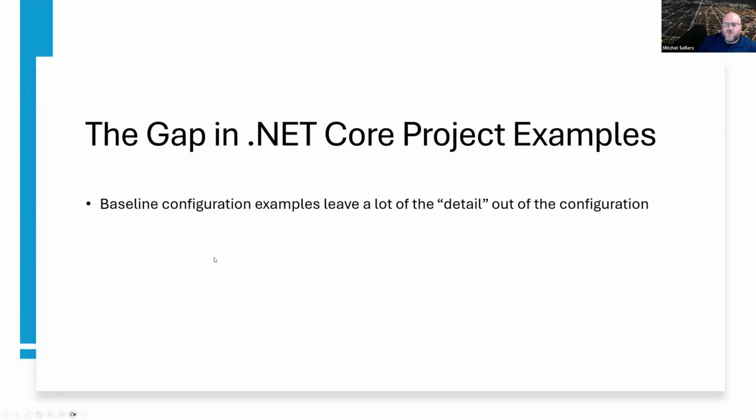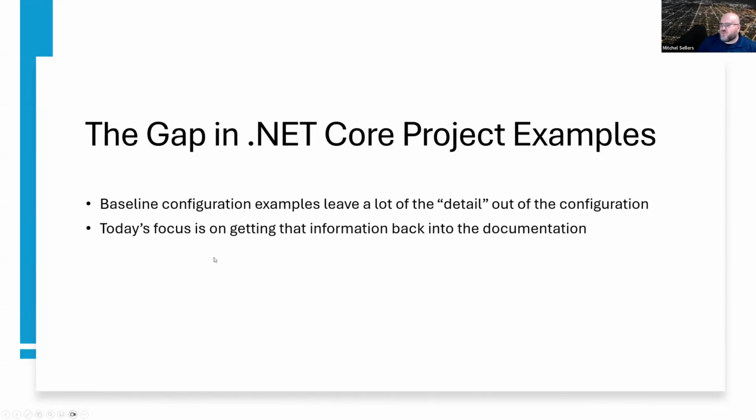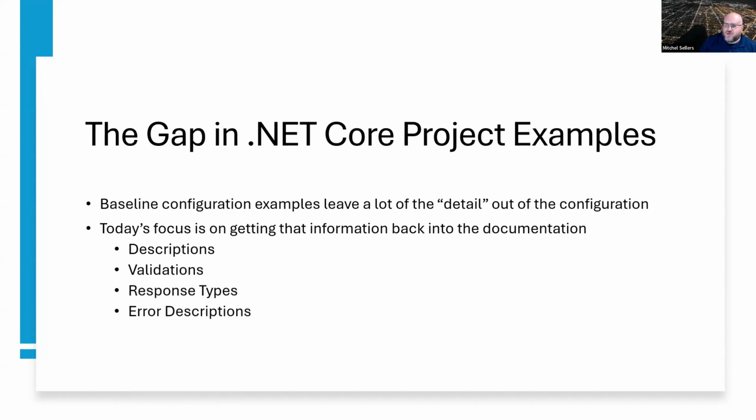So what we're focusing on this evening is to really try to get those gaps filled. Try to figure out how we provide more information with our code to give the OpenAPI documentation, the Swagger documentation, the right information. We're focusing on things like descriptions, validations, response types, and error descriptions.